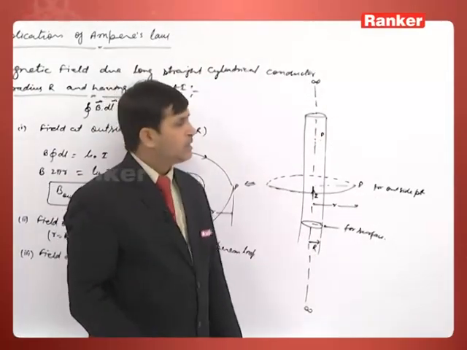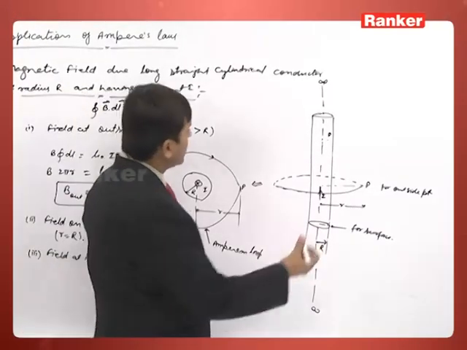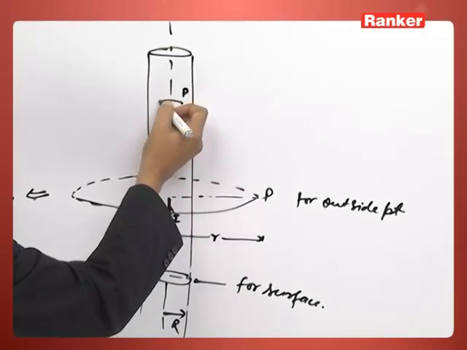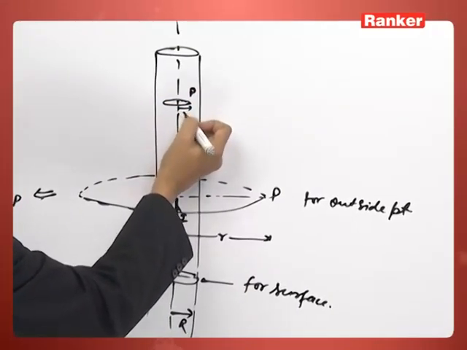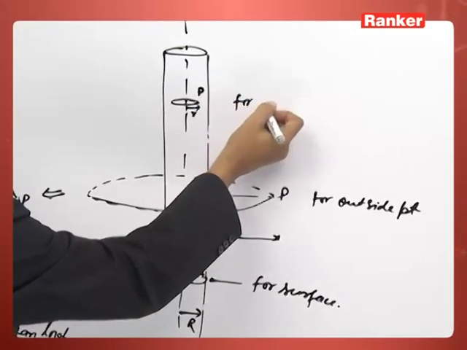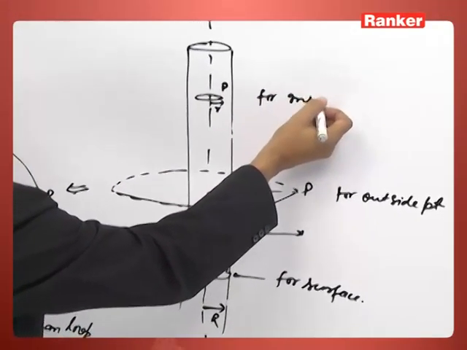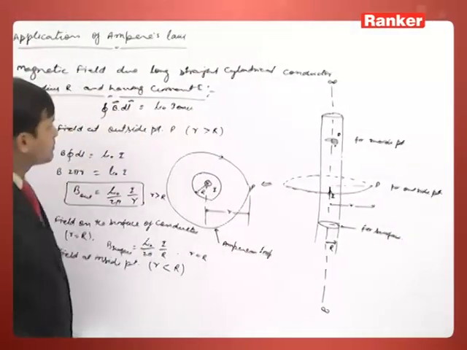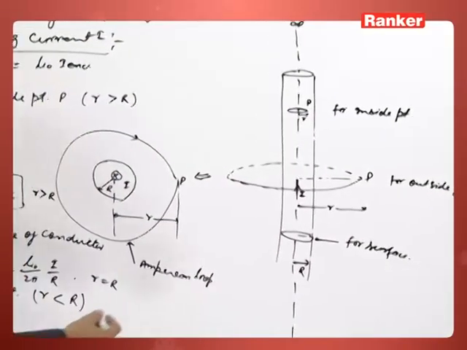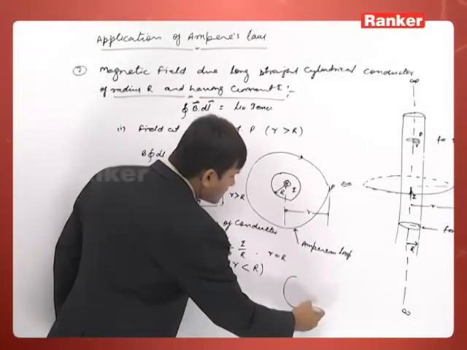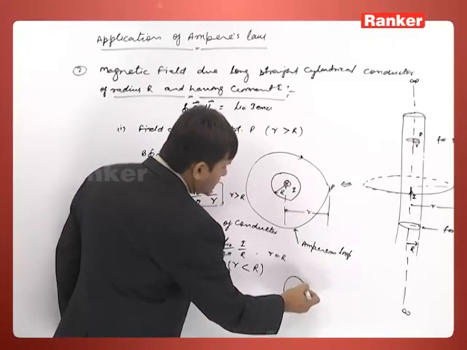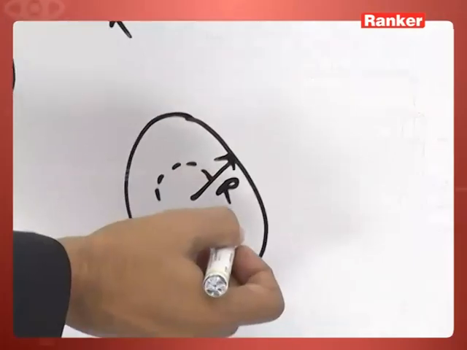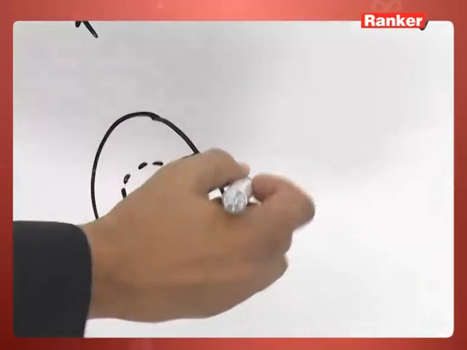For this point our Amperian loop will have radius r, but that is less than capital R. This we can write for the inside point. If we are making our Amperian loop, see the diagram. This is capital R. So our Amperian loop will be like this. This is your Amperian loop.